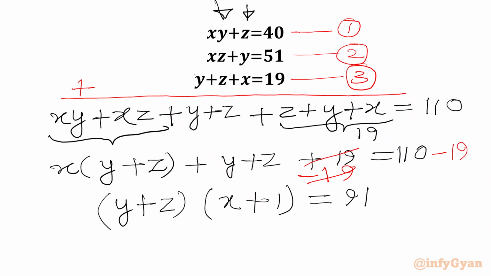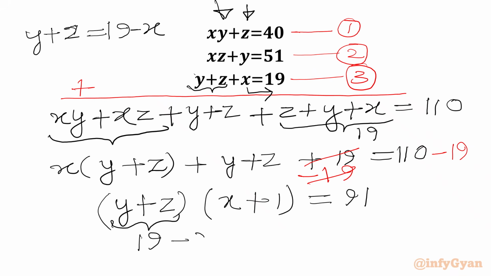Now from third equation, if we will find Y plus Z, then we can write it is 19 minus X. So I will write here from equation 3, Y plus Z equal to 19 minus X, which we will put here. So equation becomes 19 minus X times X plus 1 equal to 91.